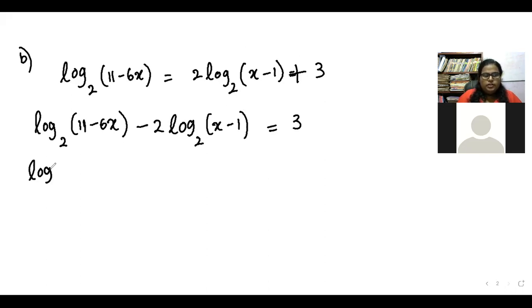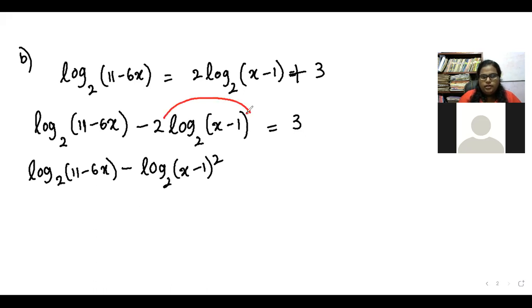Here I'm going to use one log rule. That means if there is a multiplication of a constant with a log term like this, we can write it as a power, right? So log base 2 of (11 minus 6x) minus log base 2 of (x minus 1) to the power 2 equals 3. We took this 2 as a power.